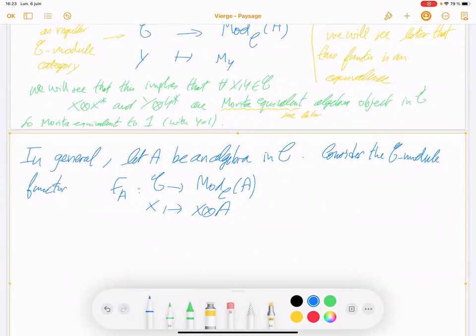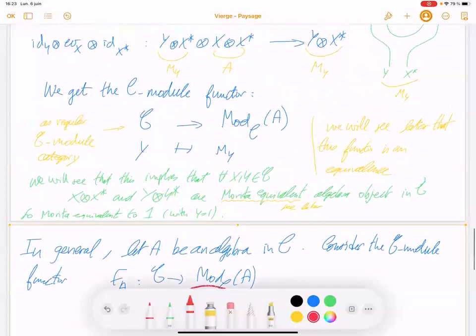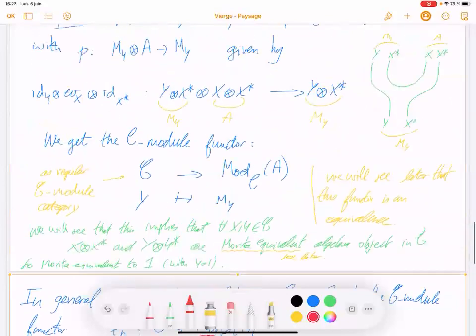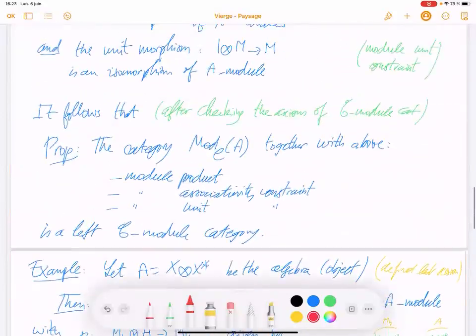Anyway, so we state that we have such a functor. We need to show that this has a structure of a module, and this has a structure of a module because A itself has a structure of a module. So we have the previous construction.